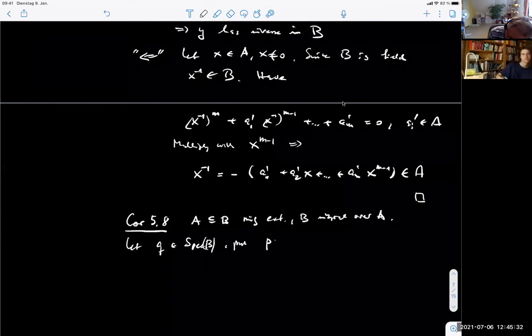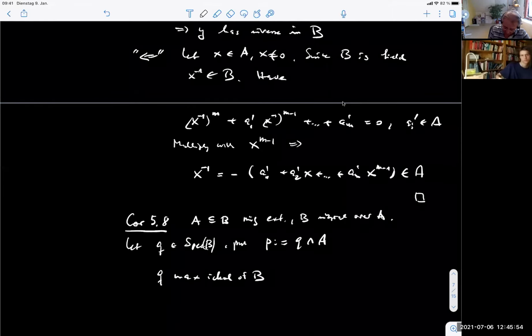Then let's say P is the contraction. P is Q intersected with A. So this is a prime ideal of A. Now I'm wondering, when is Q a maximal ideal of B?